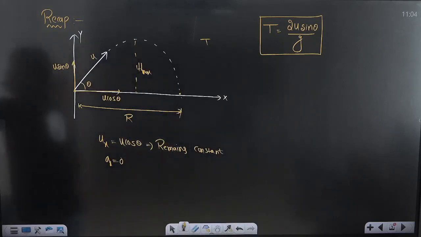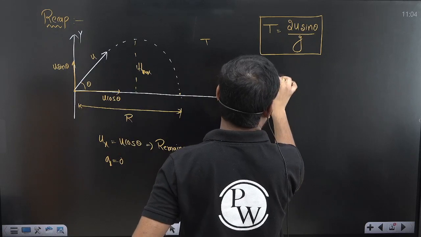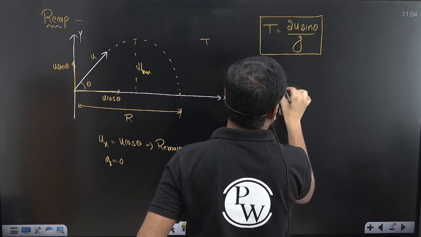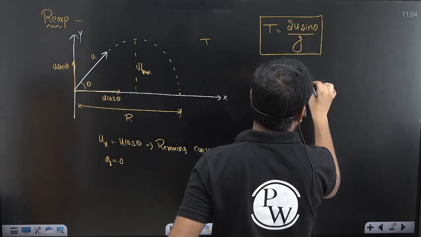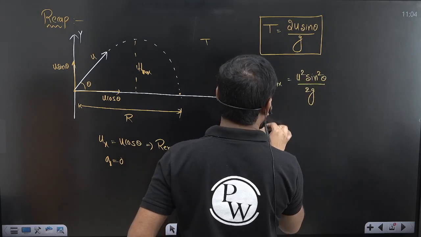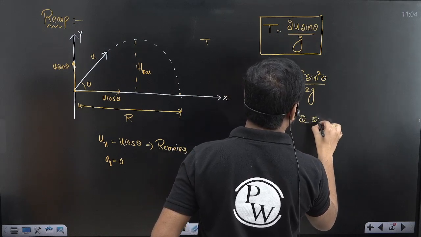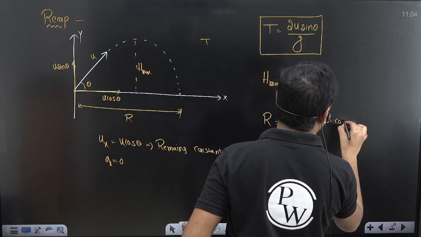We also got the h max, the maximum height, which is u square sin square theta by 2g. And the range is u square 2 sin theta cos theta by g.